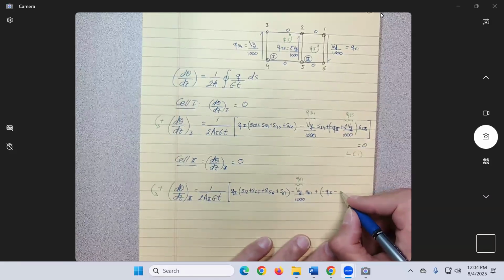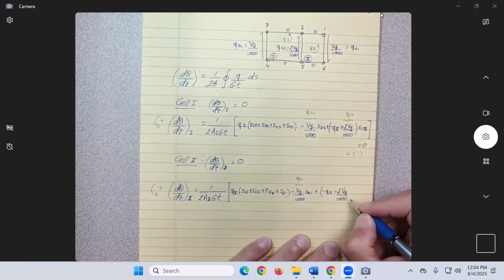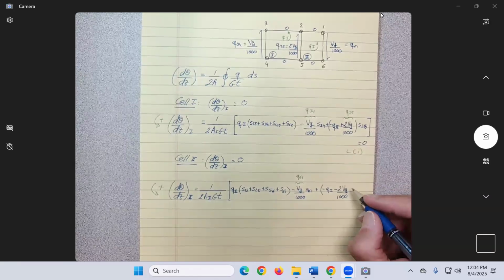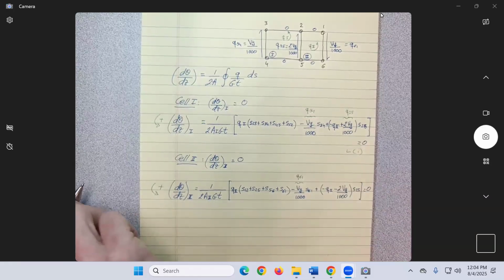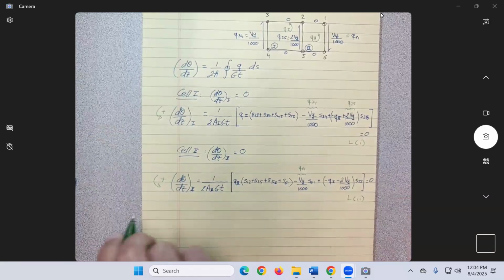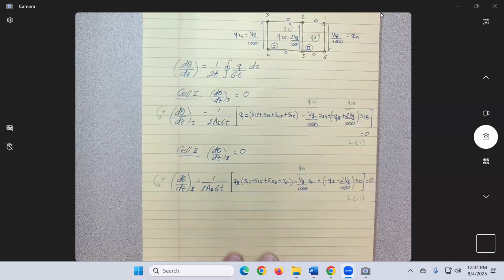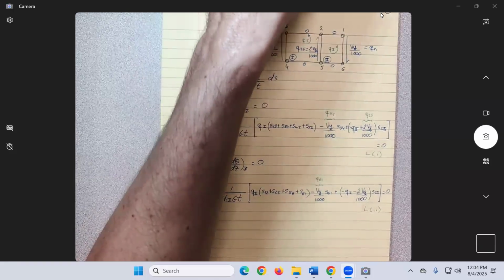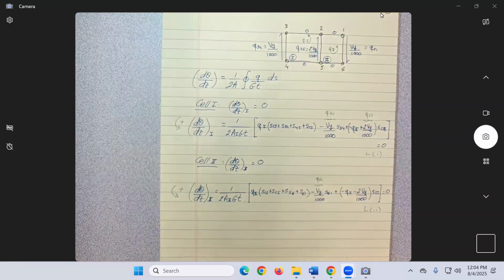Minus 2Vy over 1000 times S25 equal to 0. And this will give us the term 2. So let me go back for a second to the notes to clarify, because I want to make sure we follow the procedure.